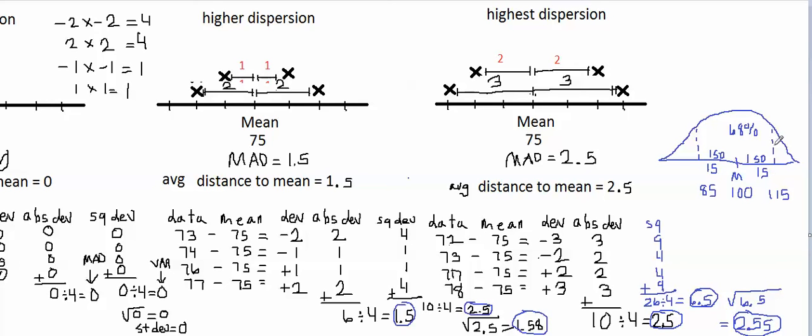One major reason why the standard deviation is commonly used is that it is possible to predict what percent of the population falls between 1 standard deviation below and 1 standard deviation above the mean. But it's not possible to predict what percent falls between 1 MAD below and 1 MAD above the mean.